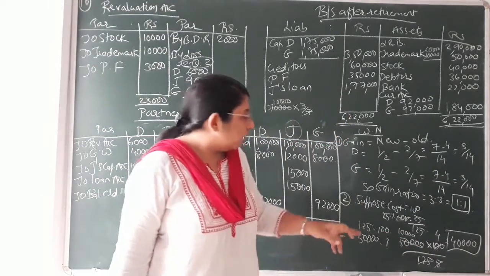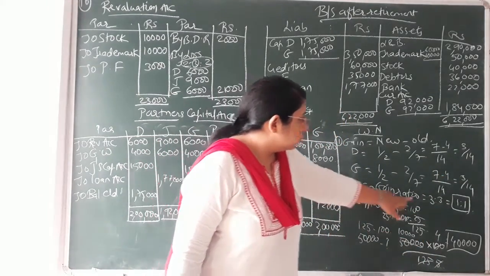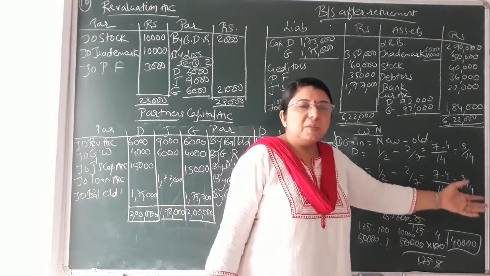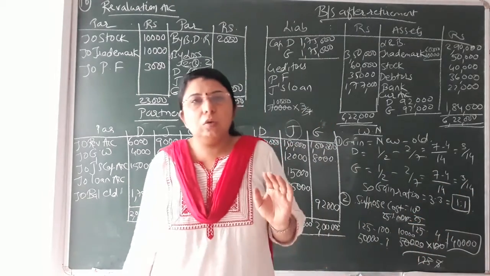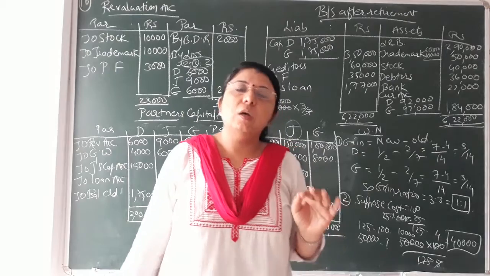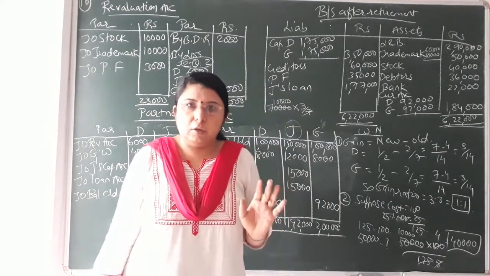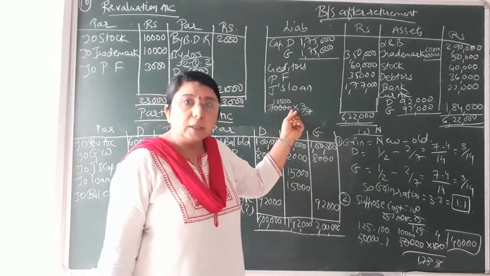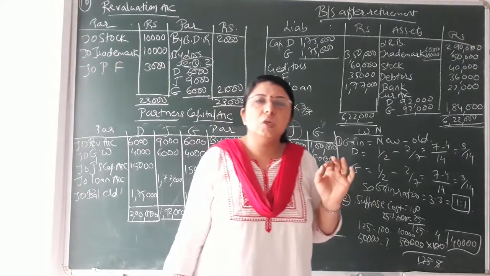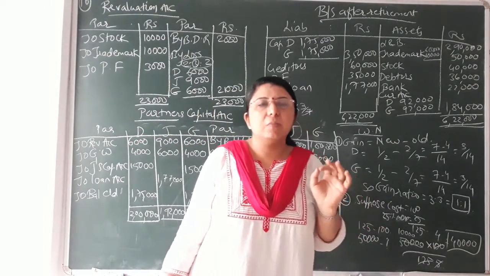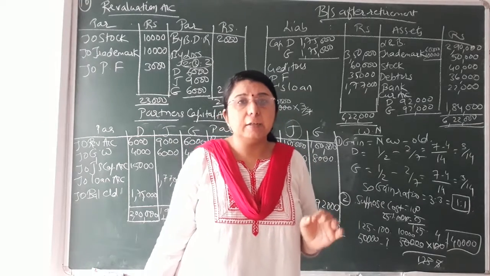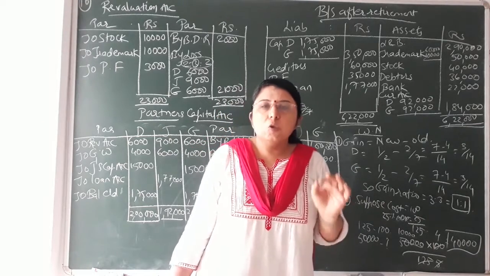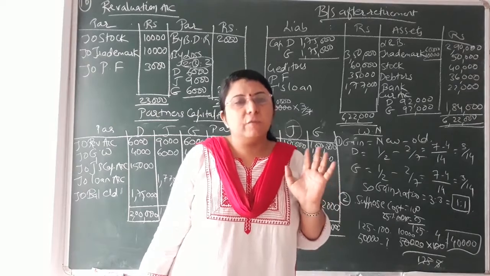It means both have a gaining ratio of 3:3, that is 1:1. So the gaining ratio is equal to the new profit and loss sharing ratio. The goodwill of the retiring partner came to 30,000. That 30,000 is to be distributed amongst the remaining two partners in their gaining ratio, 1:1. So each partner will get rupees 15,000.